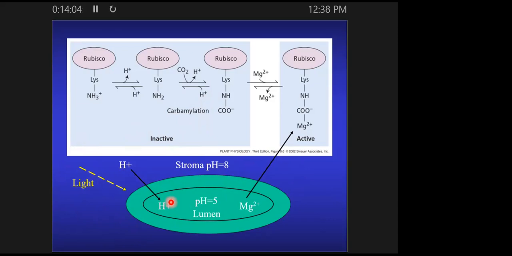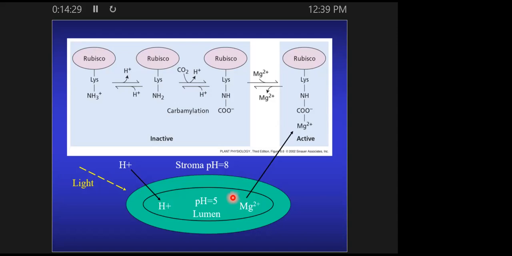You get protons getting dumped into the lumen. If you get enough protons dumped into the lumen, that's going to drive your pH slightly acidic. That's why I put pH 5, because when you measure pH, it's measuring the concentration of protons. So as the protons are building up, it gets more acidic.